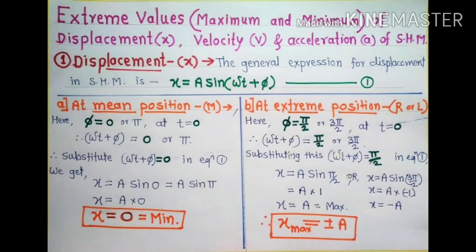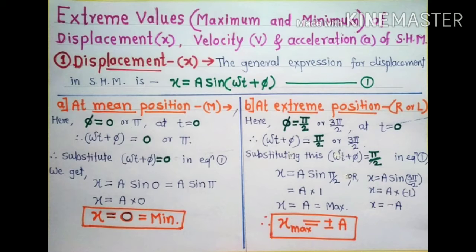We have studied that at mean position the value of the constant phi is equal to 0 or pi at time t is equal to 0, and therefore omega t plus phi also becomes 0 or pi. Substitute omega t plus phi equal to 0 in equation 1, then we get x is equal to A sin 0 or A sin pi.